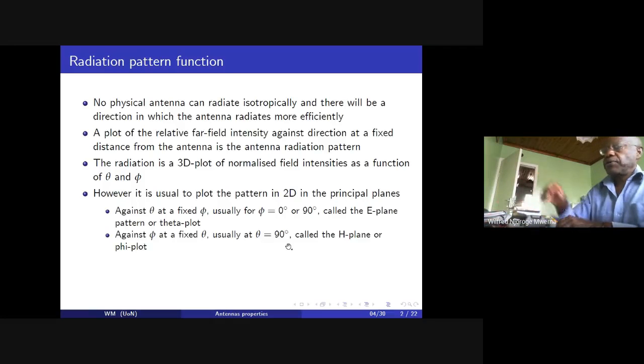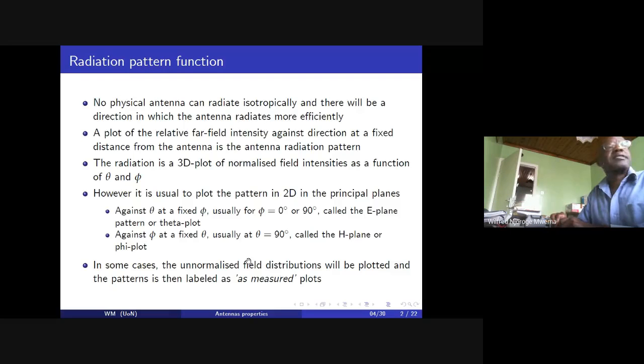And then we could also plot against phi at a fixed theta, and we saw that for the thin wire antennas, theta equal to 90 was the direction of the maximum radiation of the electric field. And this is usually called the H plane or the phi plot.